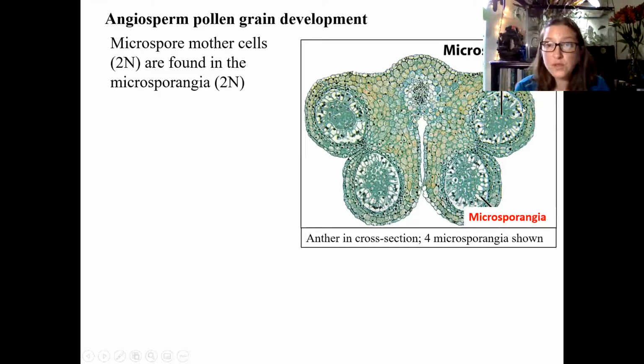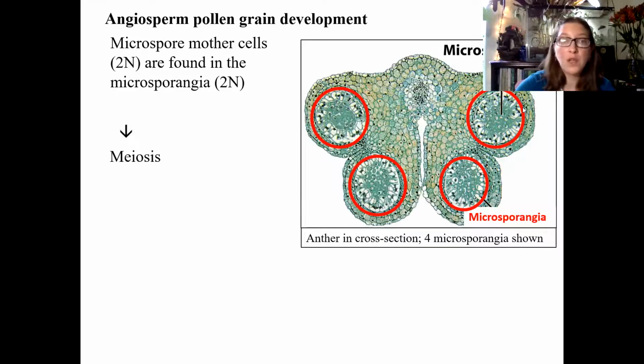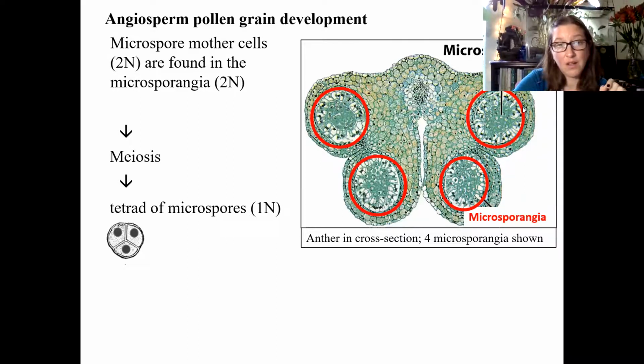Inside of each of those microsporangia, there are microspore mother cells that are 2N, and those are what undergo meiosis. So your 2N microspore mother cells undergo meiosis to make a tetrad of microspores, each of which is 1N.